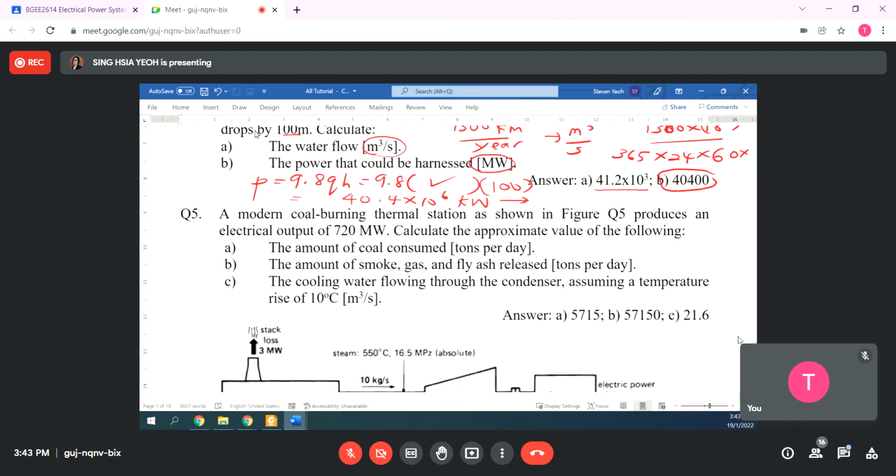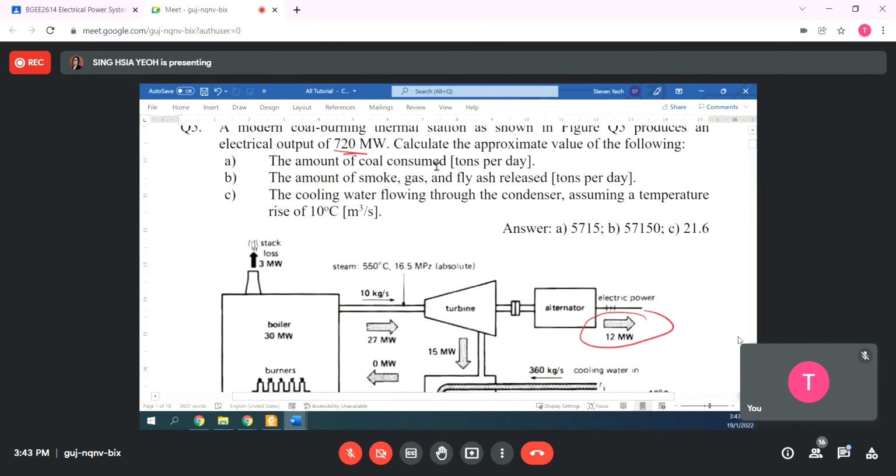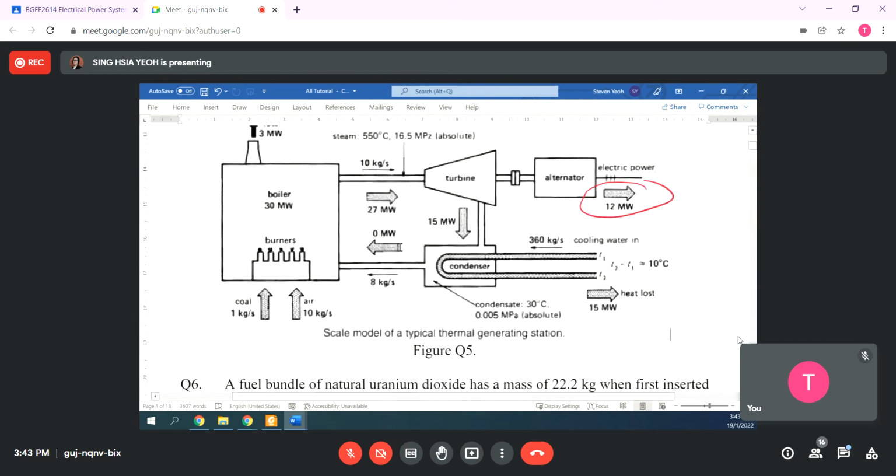So now it says it outputs 720 megawatt. And then they ask for the amount of coal consumed per day. So what is the value supposed to be? Anyone? I've circled the important values.